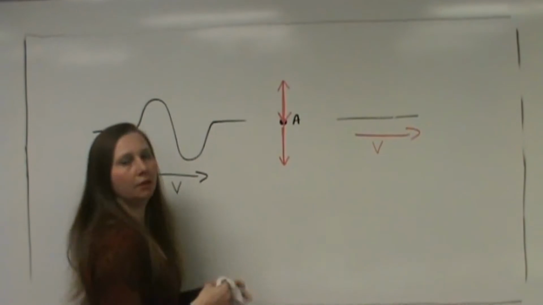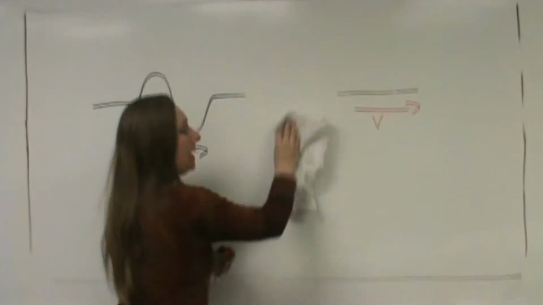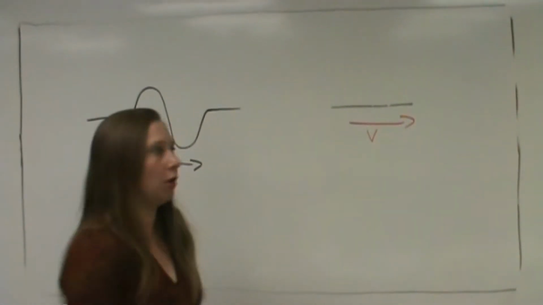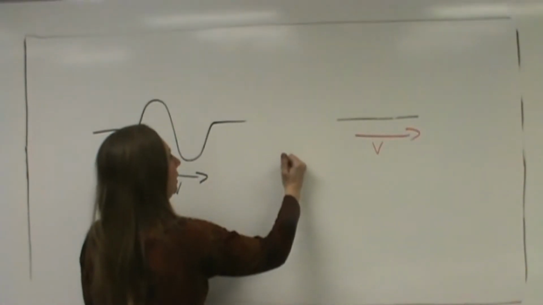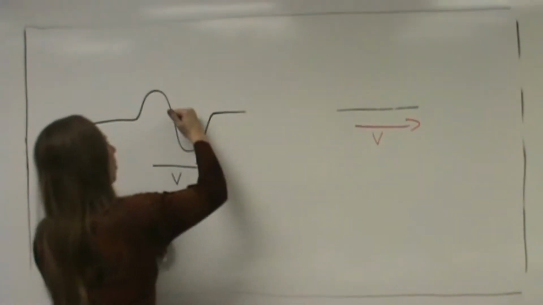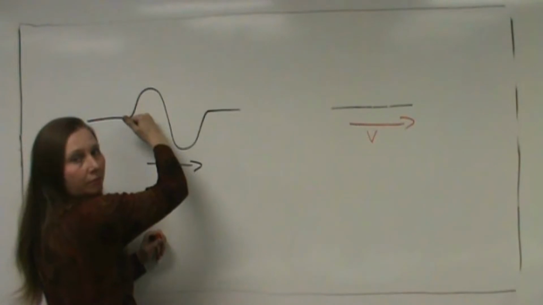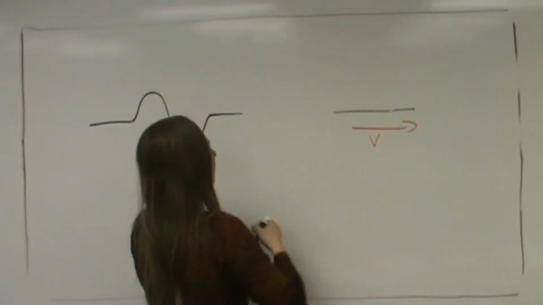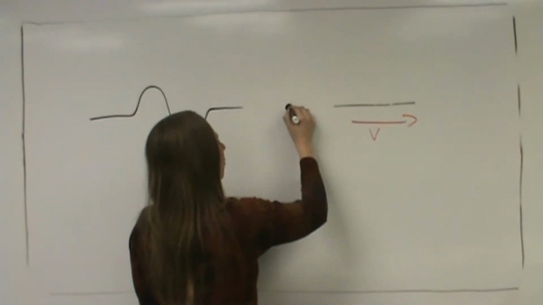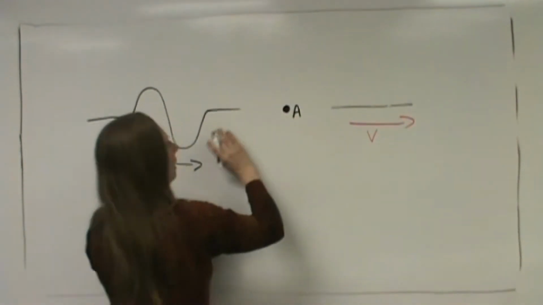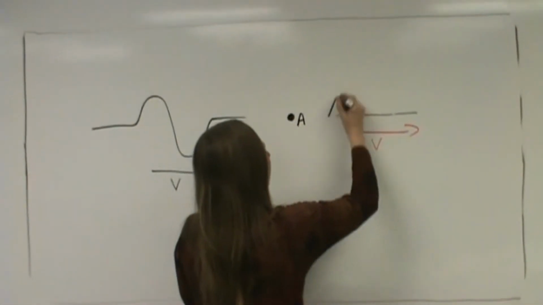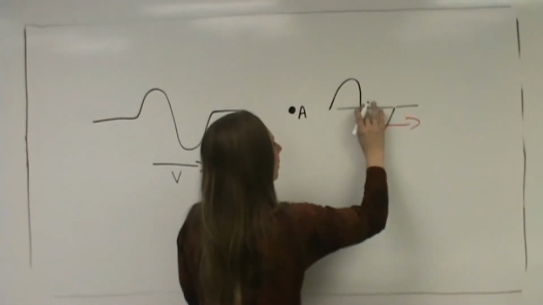Point A goes down 1, up 1, 2, and then down 1. So ultimately, the displacement of point A is 0, and the wave passes by. Here's the wave over here, passing right by point A. It's going that way.